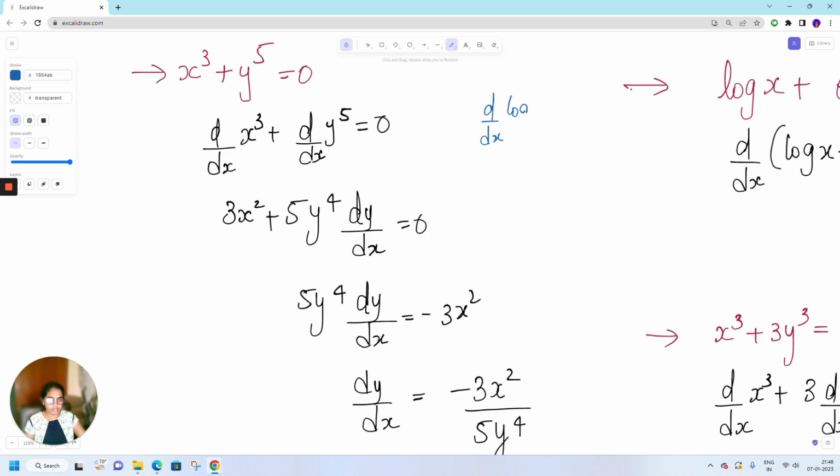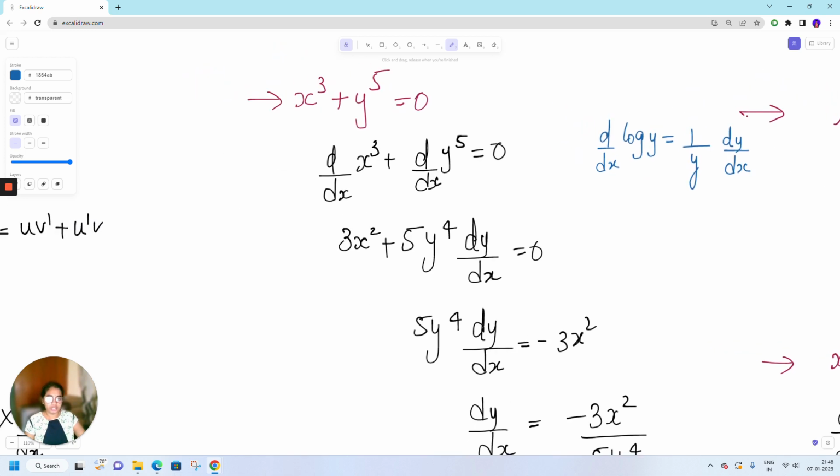It would be 1/y. Differentiation of log y is 1/y, and you have to show that it is dy/dx. You're differentiating the y with respect to x. Okay, so yes, these are the 3 new concepts that we studied in this lecture.